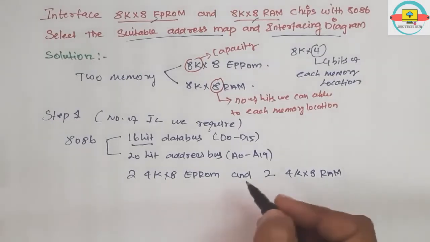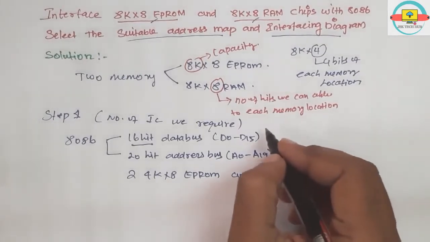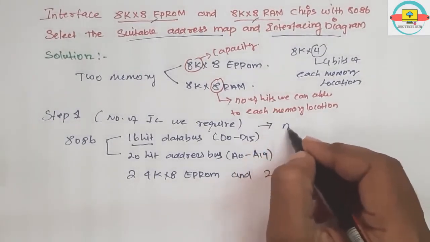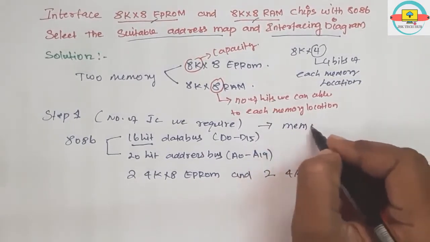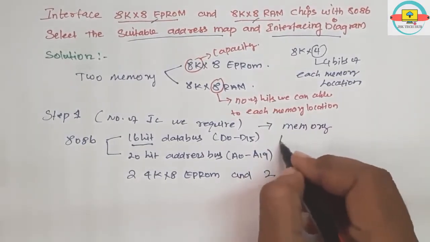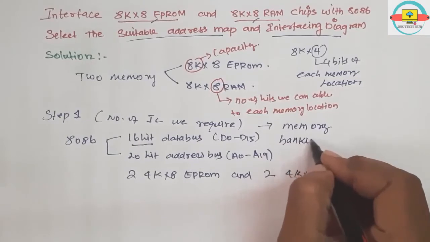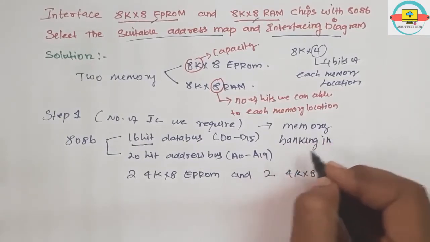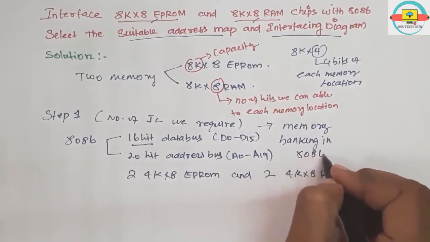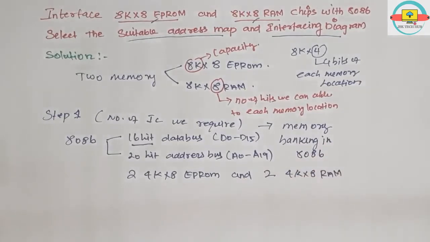This concept we already discussed in memory banking in the Intel 8086 microprocessor. Now we need 4 ICs to interface the 2 EEPROMs and 2 RAM chips with the microprocessor.